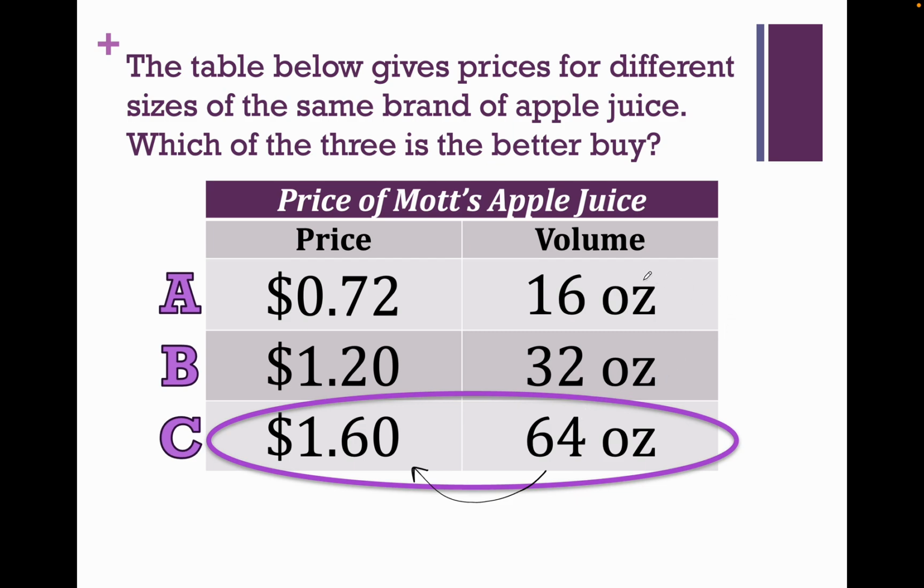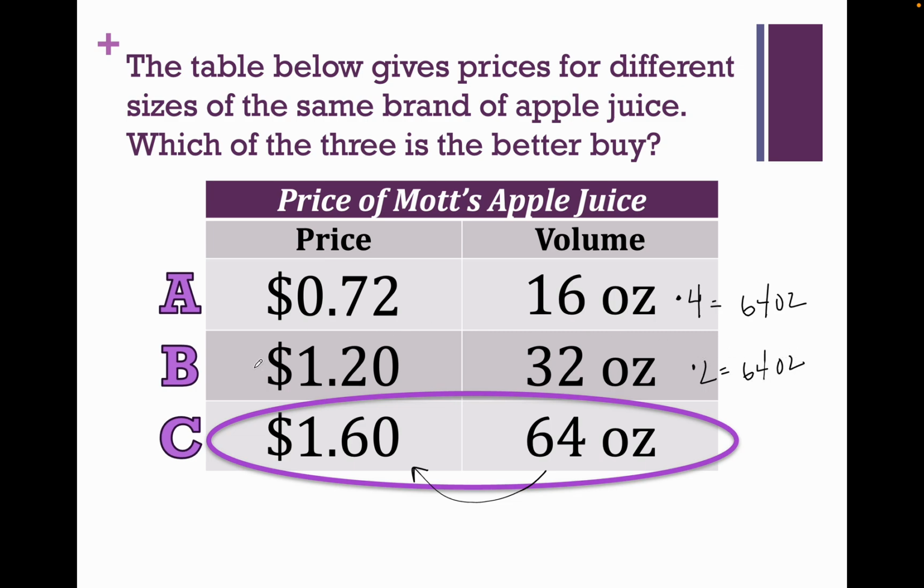Another option is to turn all of them into the total larger version, or the container C, which is out of 64 ounces. So I could do that by multiplying 16 by 4 to get 64 ounces and 32 by 2 to also get 64 ounces.